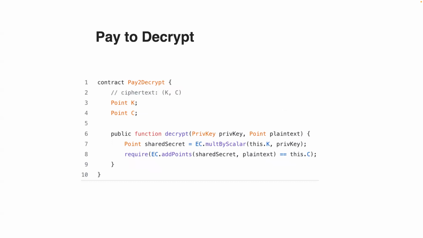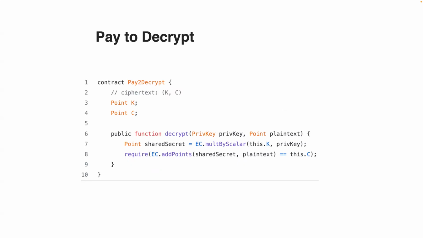On the page of the contract, you mentioned that if Alice is the one decrypting, Alice would need to expose or reveal her private key in order to spend the output.